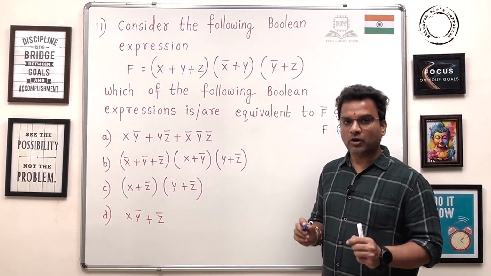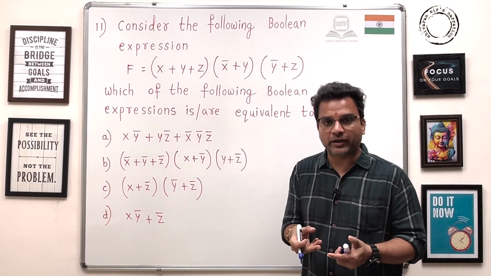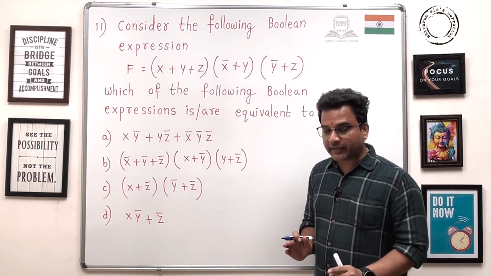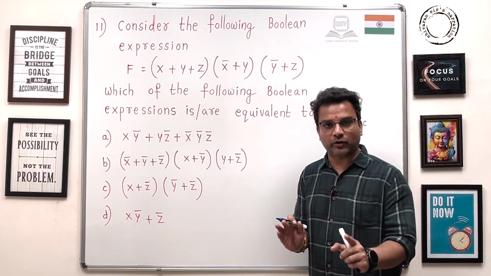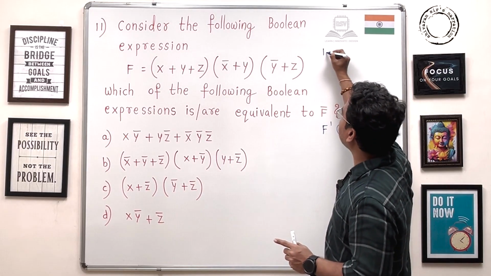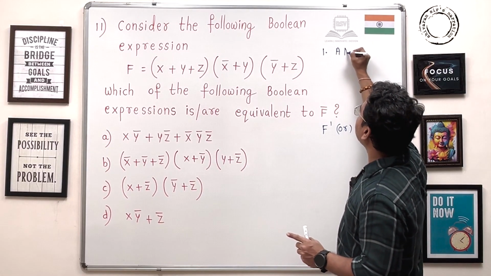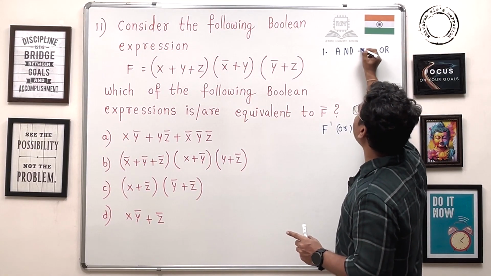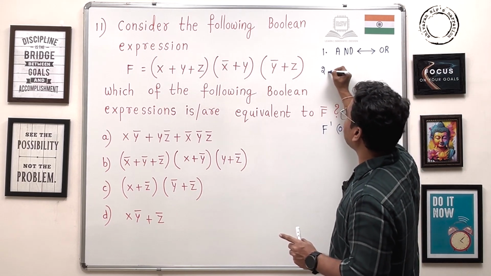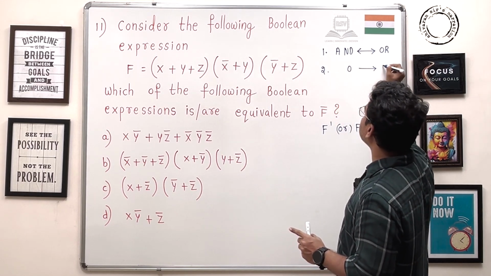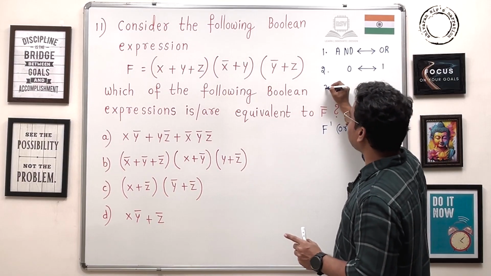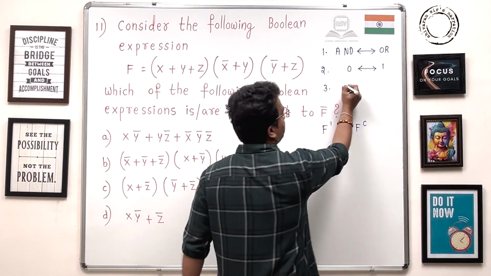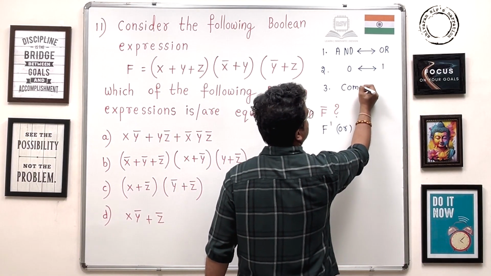Now guys, first of all, we want to know how to get the complement of the given expression. That contains 3 rules. We need to follow 3 rules. They are: you need to replace AND operation with OR operation, similarly OR operation with AND operation, and 0 must be replaced by 1, 1 must be replaced by 0, and the third one is to complement the variables.